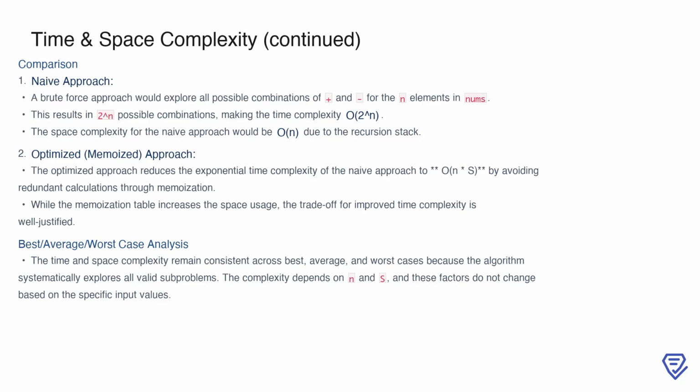By contrast, the optimized approach leverages memoization to avoid redundant calculations, reducing the time complexity to O(n * s). Although the memoization table requires more space, the trade-off is justified given the significant improvement in time complexity. Additionally, since the algorithm systematically explores all valid subproblems, the time and space complexities remain consistent in the best, average, and worst cases, as they depend solely on n and s, which are determined by the input size and values.